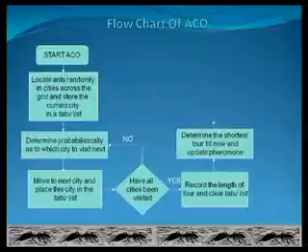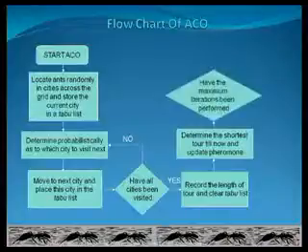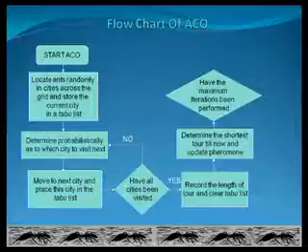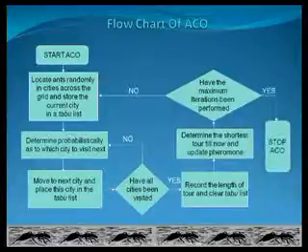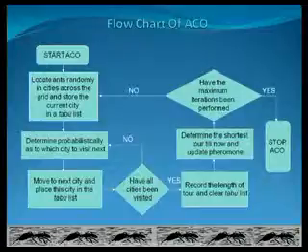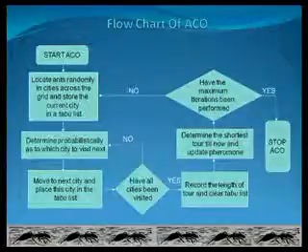Then determine the shortest tour till now and update pheromone. If the maximum iterations have not been performed, start the procedure at the first step. Else, if the maximum iterations have been performed, then stop the ant colony optimization.